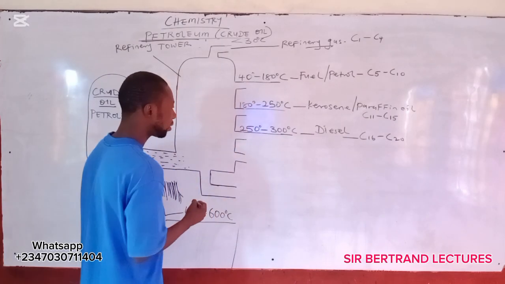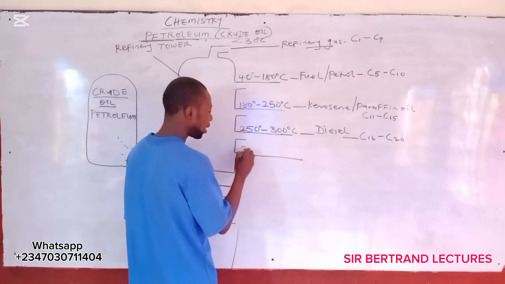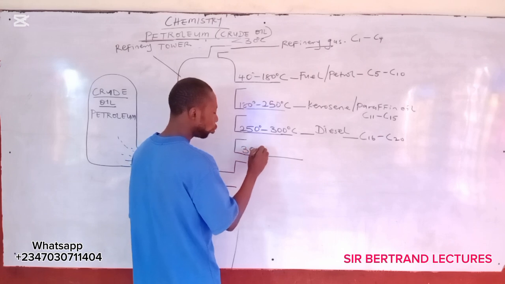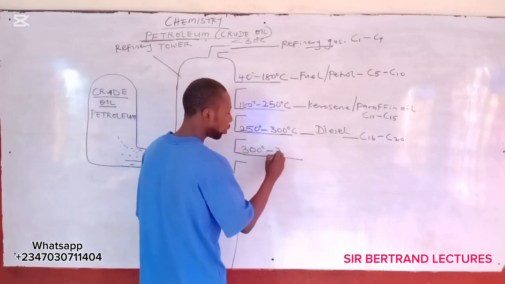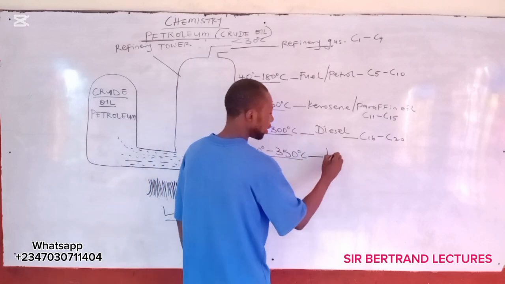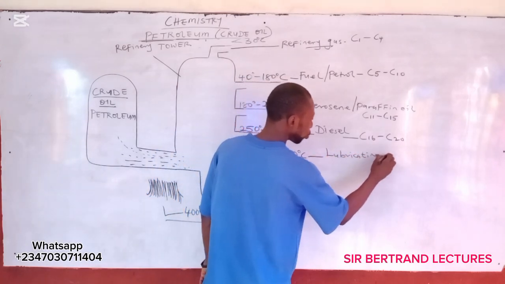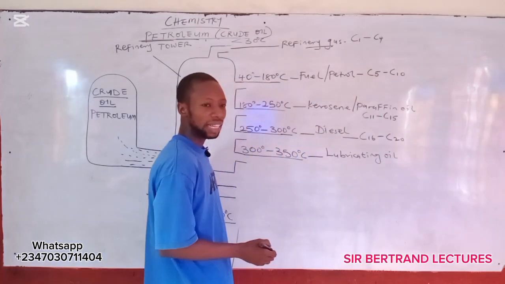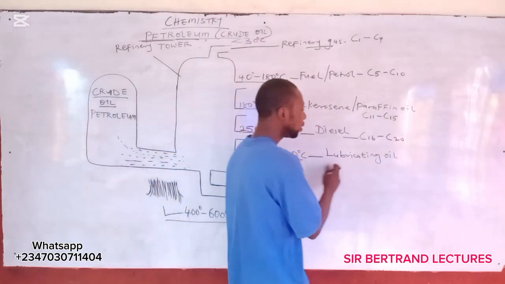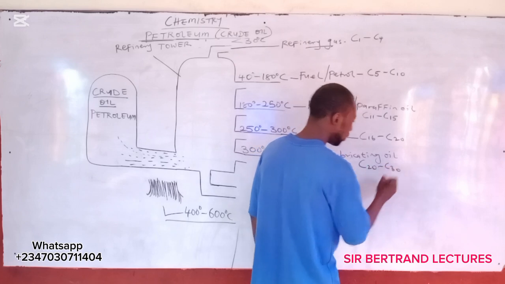Then the next is lubricating oil, which is refined at a temperature of 300 to 350 degrees, also known as heavy gas oil. It contains carbon 20 to carbon 30.